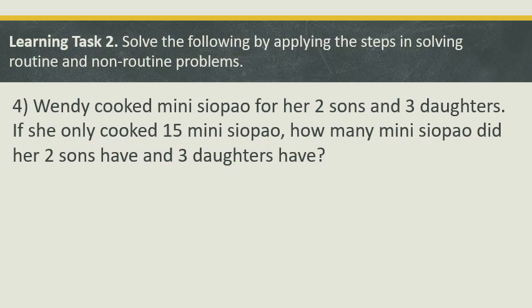Since 15 ang siopaw and 5 yung anak ni Wendy. Bakit 5 yung anak ni Wendy? Kasi 2 sons, 2 anak na lalaki, at saka 3 anak na babae. So, 15 divided by 5 is 3. Ibig sabihin, bawat isang anak ni Wendy ay mayroong 3 siopaw.